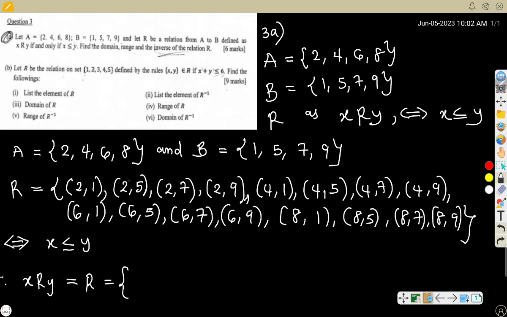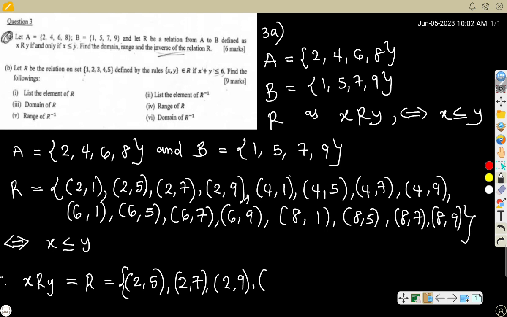You see now 2 is less than 5, so that is in our R, that will be 2 comma 5. I can pick this because 2 is less than 7. I can pick the other one, 2 is less than 9.